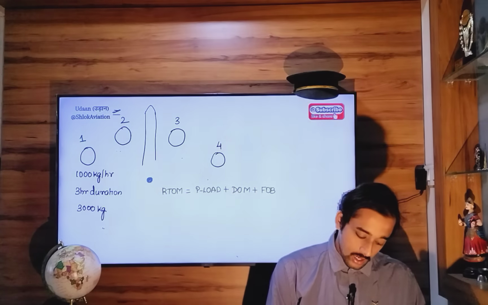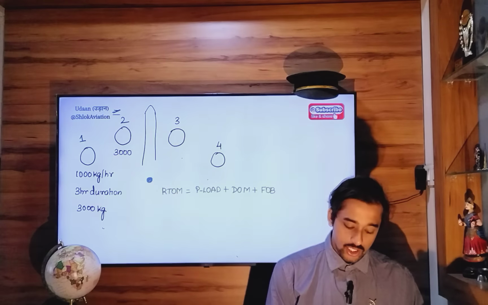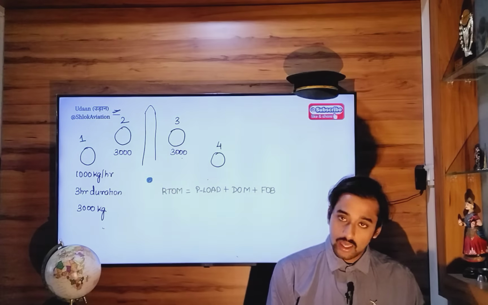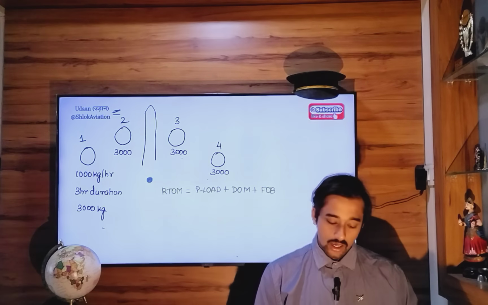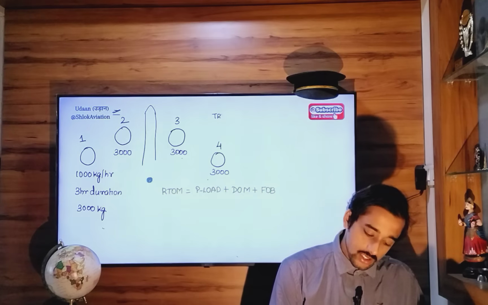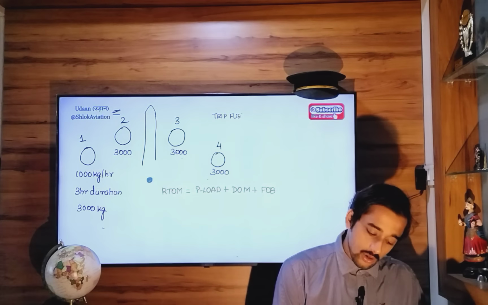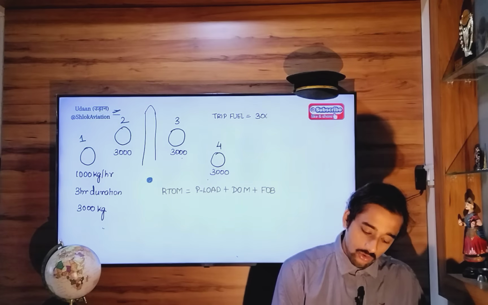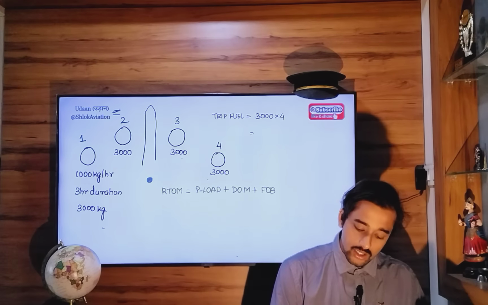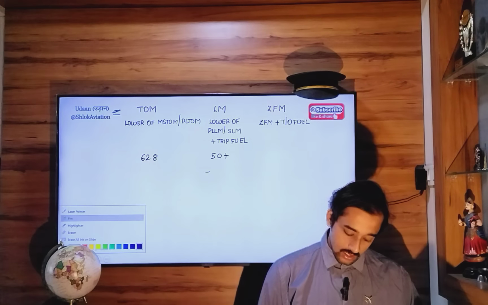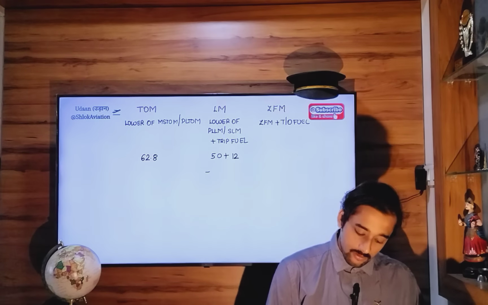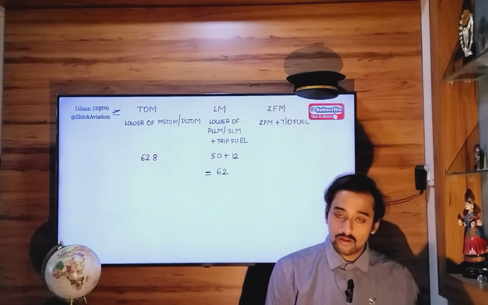So 3000 kilogram engine 1, 3000 engine 2, 3000 engine 3, 3000 kilogram engine number 4, right? So total trip fuel becomes 3000 into 4, which is 12,000 kilograms. Add 12,000 here. Now 50 plus 12 is 62.